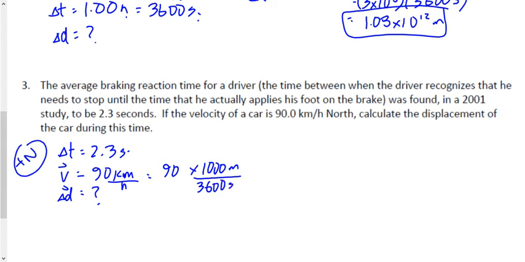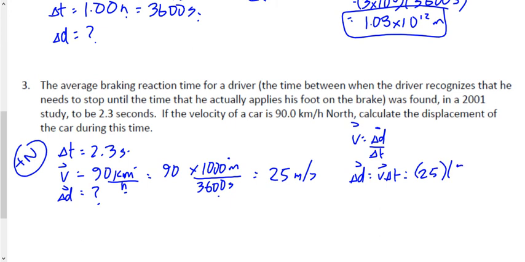So 90 times 1,000 divided by 3,600, kilometers to meters, hours to seconds, gives me 25 meters per second. So let's say v equals d over t. Take the t up by multiplying. I get v times t. What is that? 25 times 2.3.